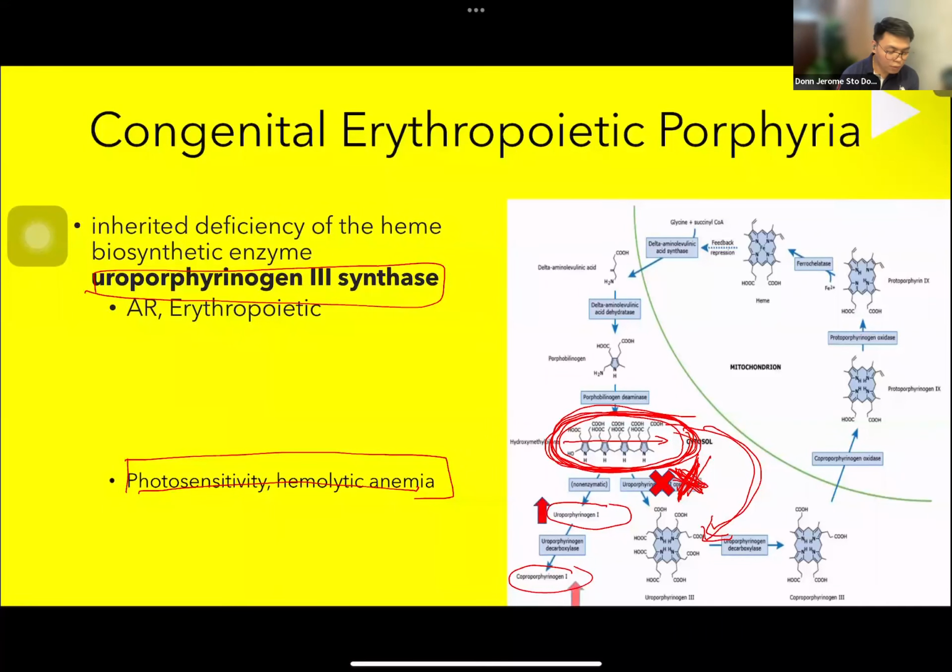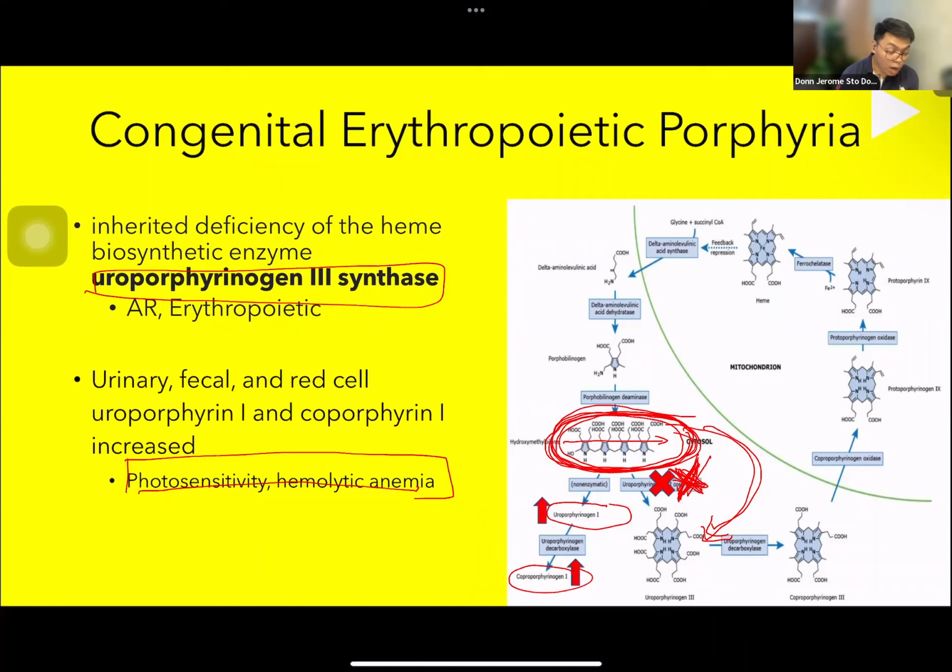Your uroporphyrinogen 1 and coproporphyrinogen 1 will auto-oxidize to form their porphyrin counterparts. And when they become porphyrins, they generate active oxygen species. This will lead to photosensitivity. And the fact that they are non-physiologic, these non-physiologic porphyrins can actually cause hemolytic anemia. Okay? Alright, naintindihan po?